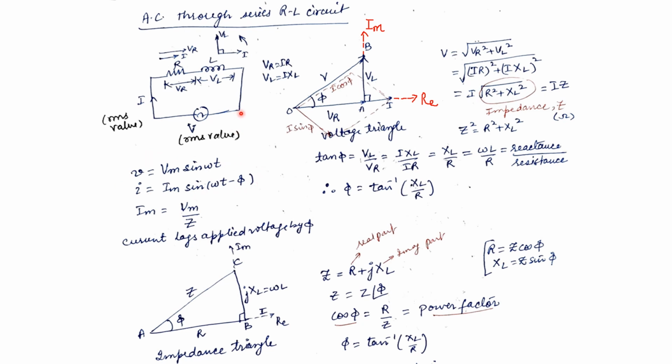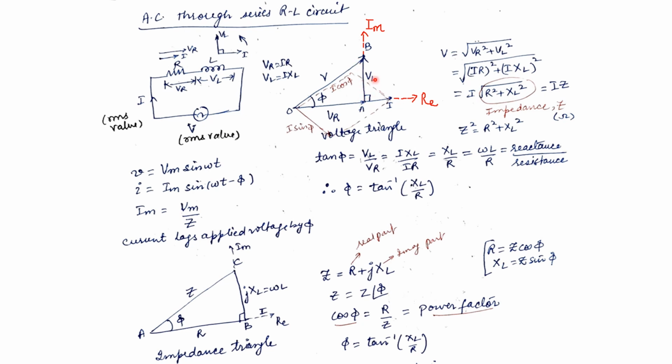Let us make the vector diagram for all the voltages in this circuit. We can draw it on the real and imaginary axis, as this is the current phasor, and the voltage VR is in phase with I. So both are plotted here. The voltage VL is ahead of the current by 90 degrees, so we can plot VL here.